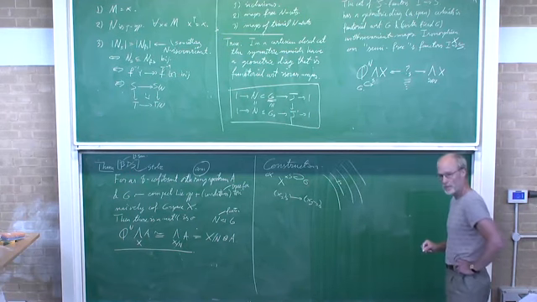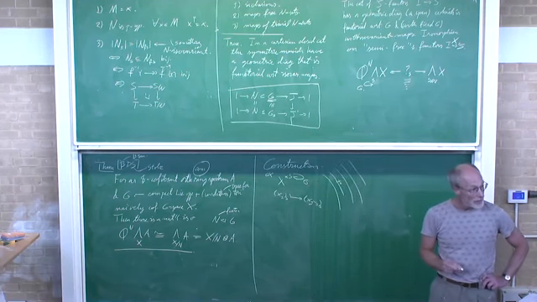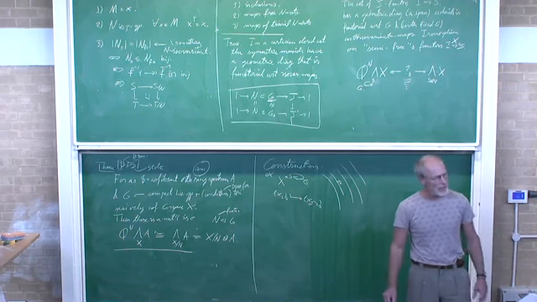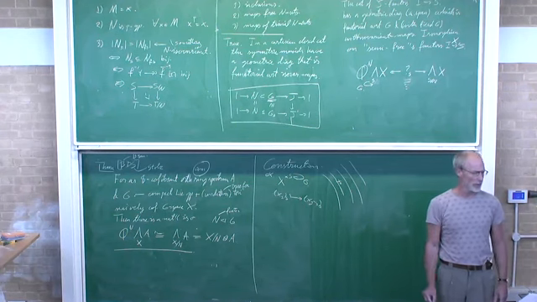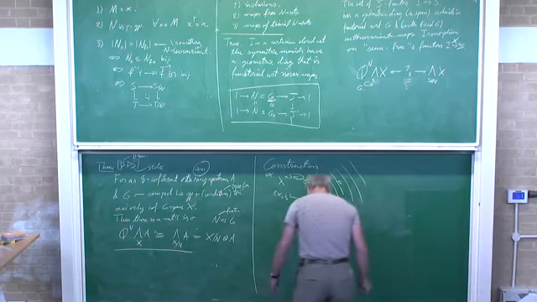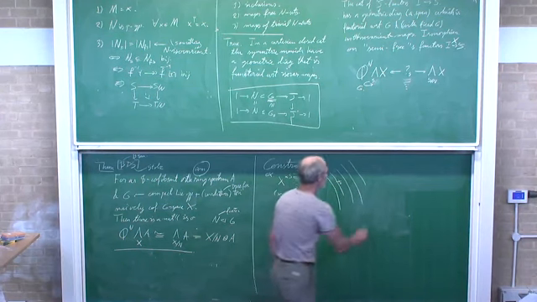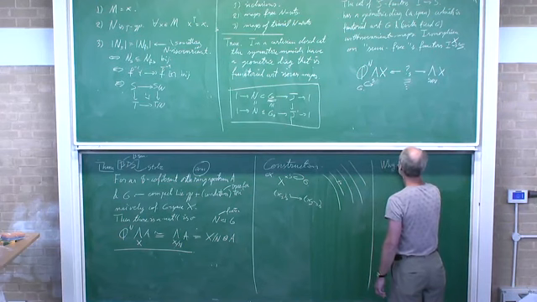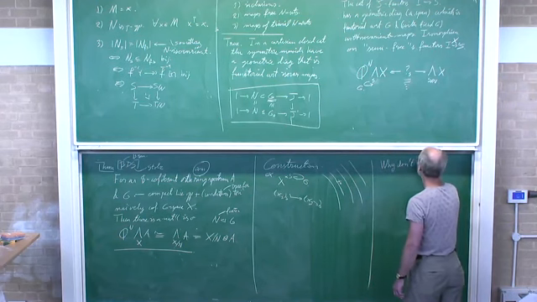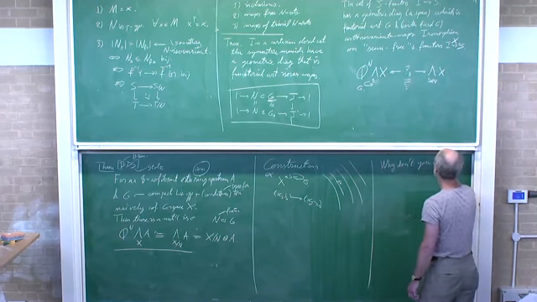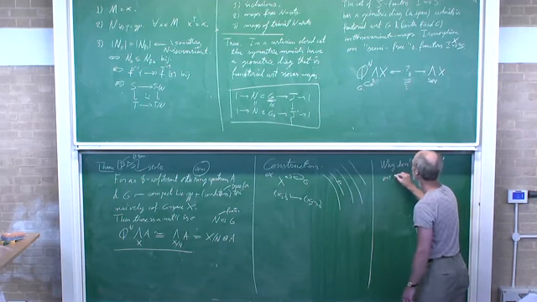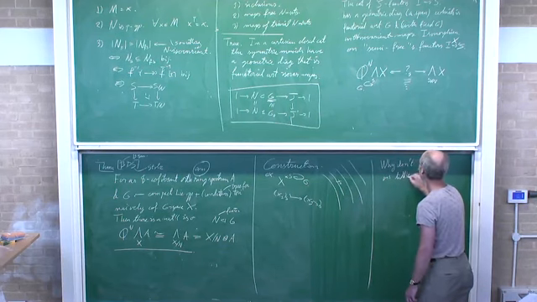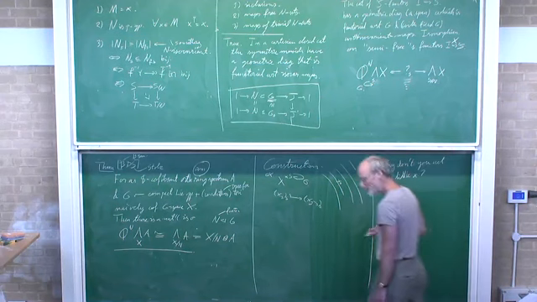So you don't act on the little x? I don't act on, no, why don't I act on little x? Yeah. Why don't I? Let's act on little x. Very good question.